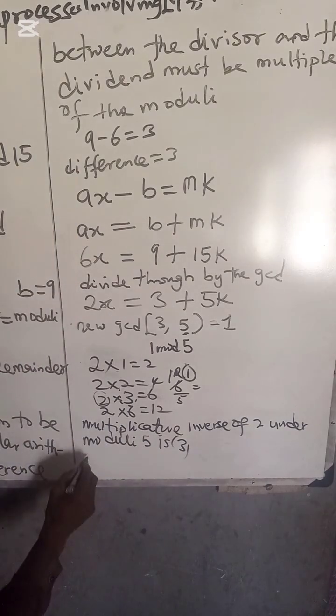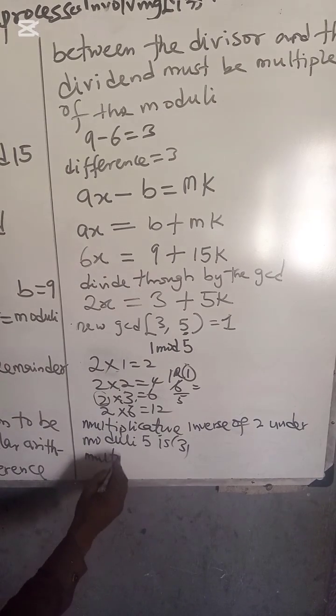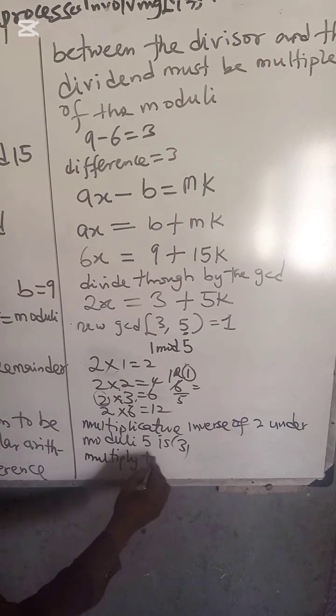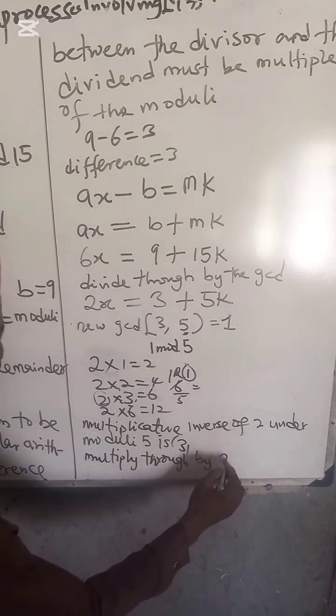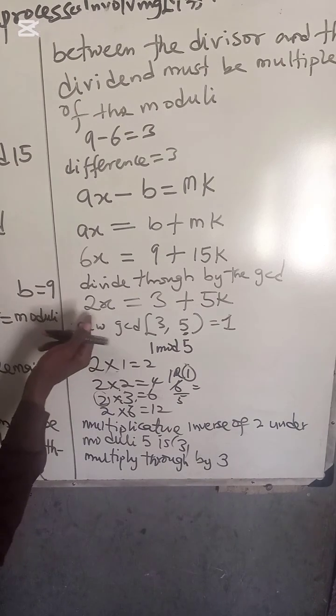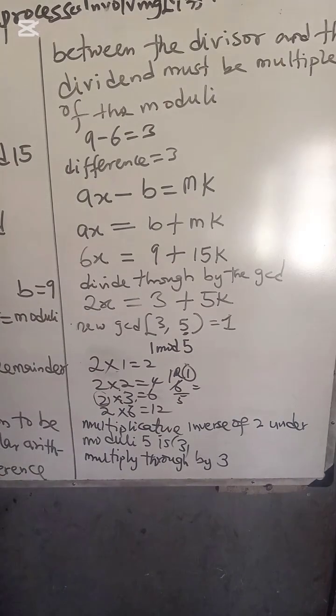Therefore, we multiply through by 3. That means this 3 will cancel this particular 2.